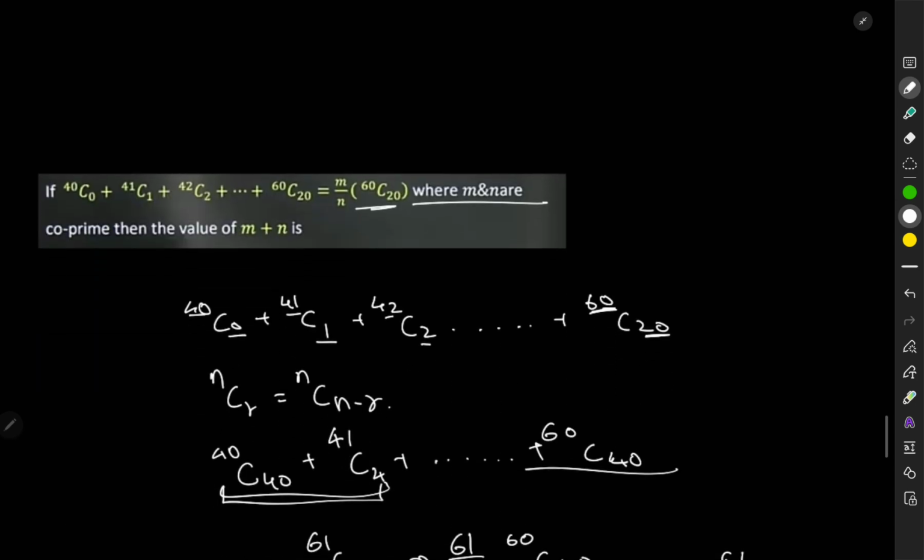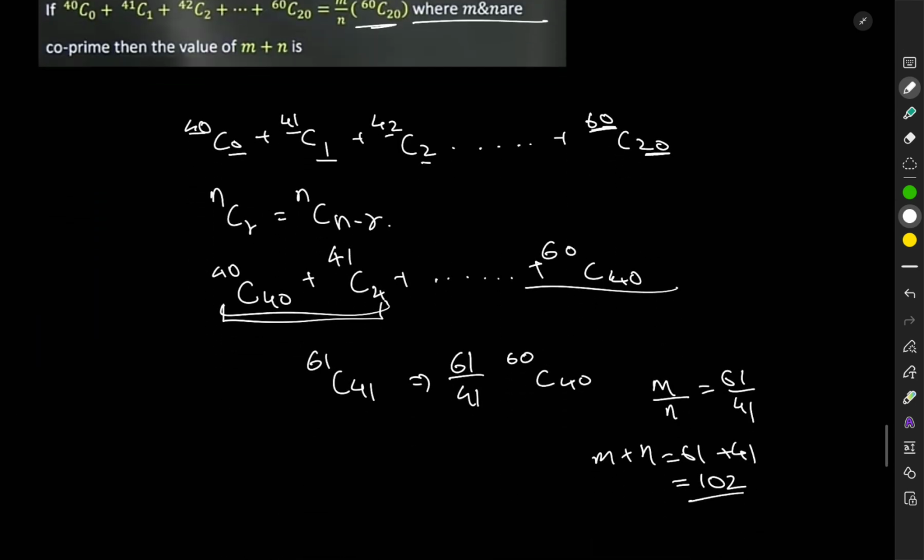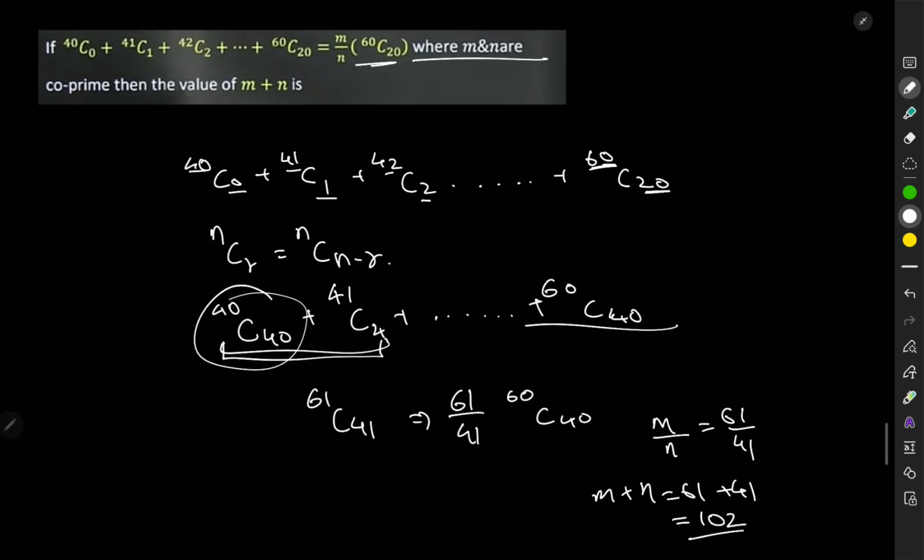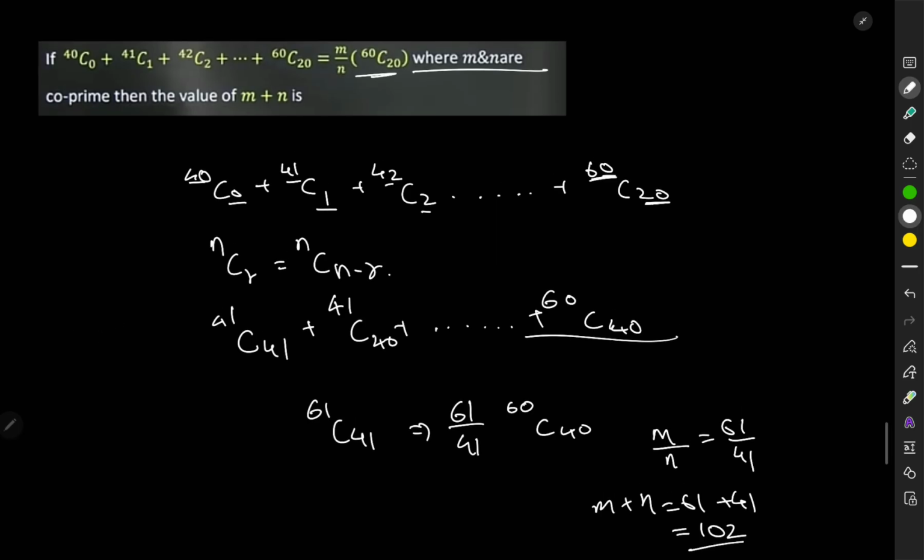The reason I didn't is that we have a term like 40C40, right? I can casually convert this into 41C41, because 40C40 is also 1, 41C41 is also 1, and this is how we need the terms so that we can combine, right?